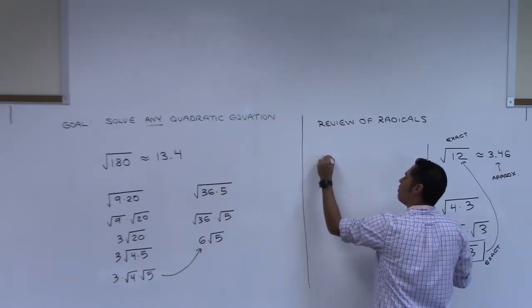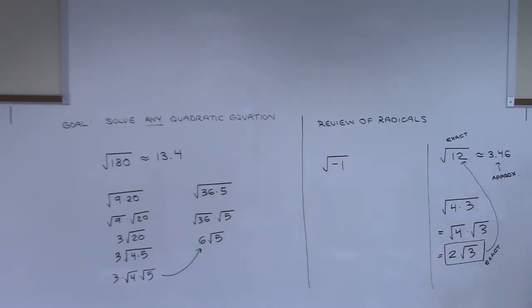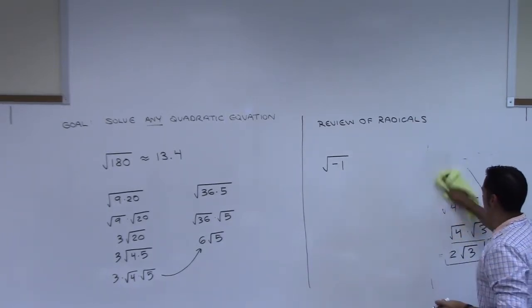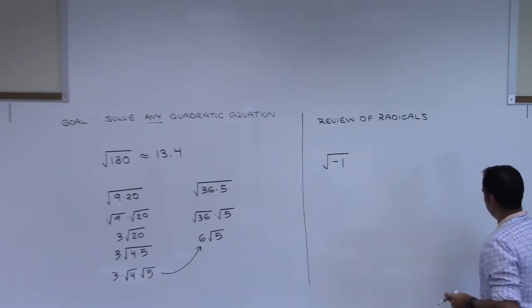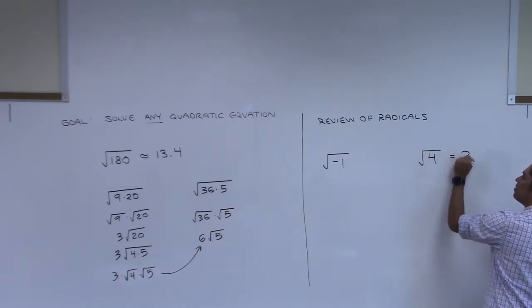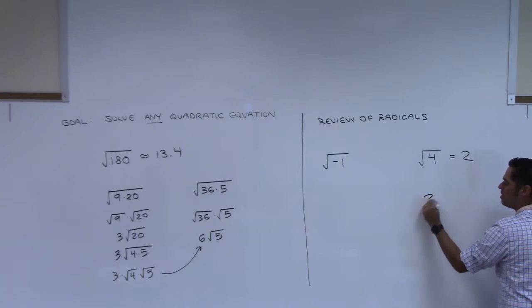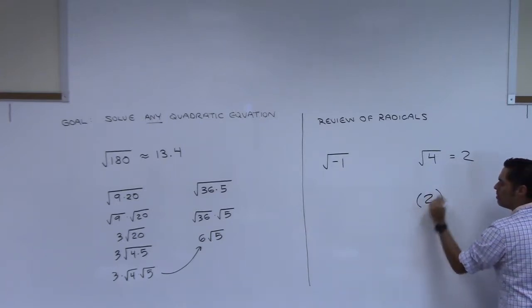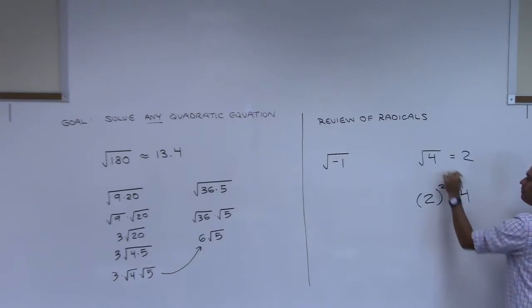What is the square root of negative 1? Remember what this means, okay? Look, when you say the square root of 4, everyone said that was 2, right? And the reason why is because when we take that 2 and we square it, we get that number 4, right?